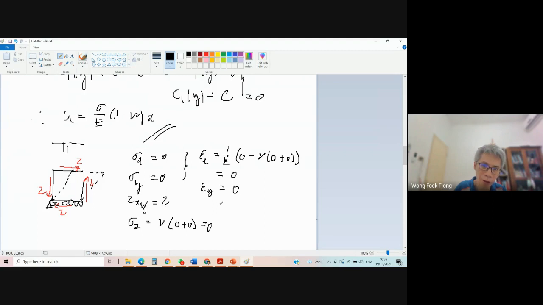The non-zero strain, of course, is gamma xy, which is tau over G. The only non-zero strain component is the shearing strain gamma xy.